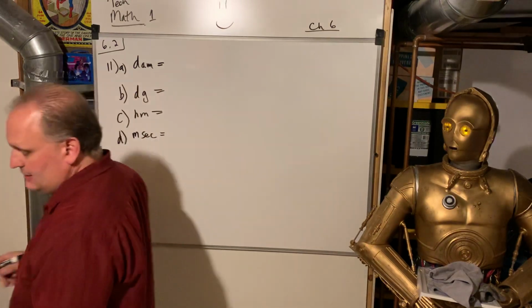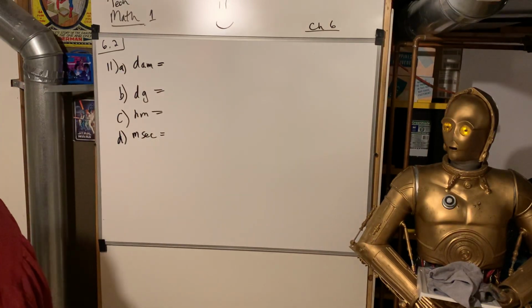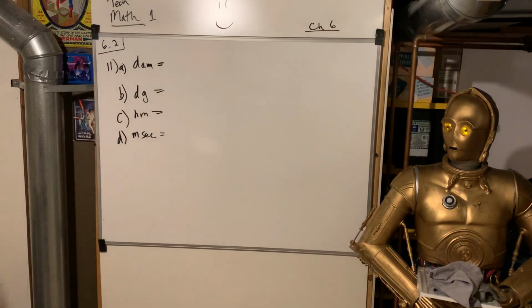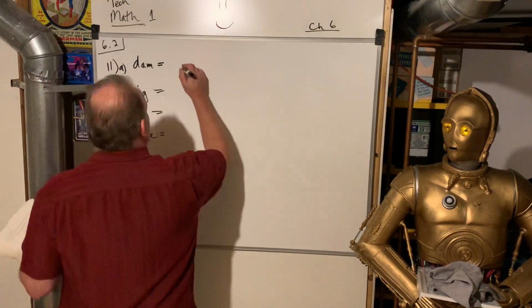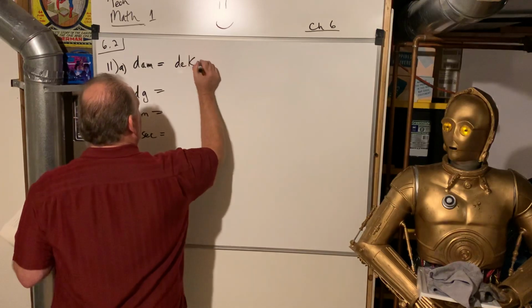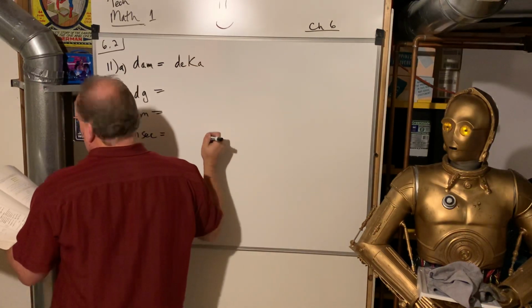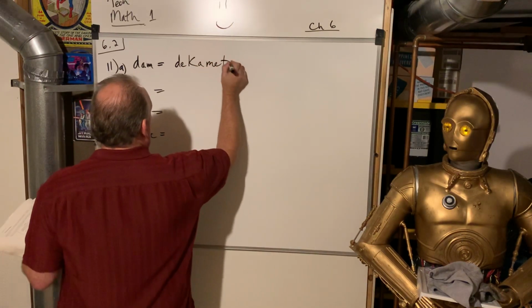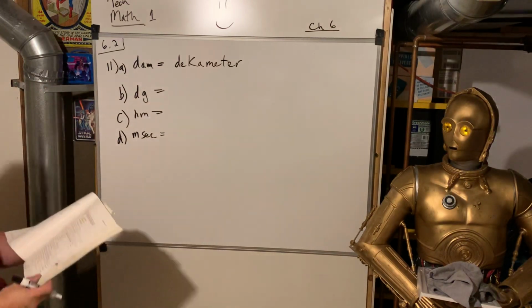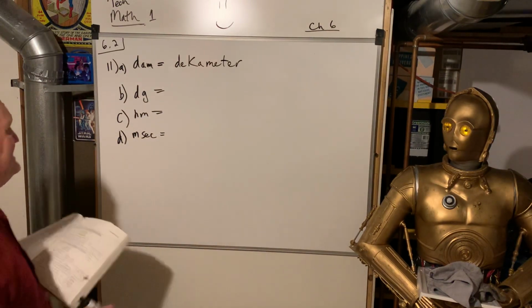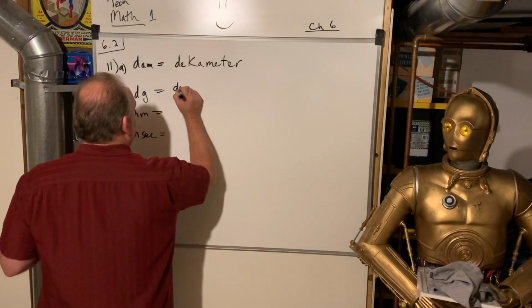So they want us to convert. What does DAM actually stand for? That would be a decameter. Deca with a K. Decameter. All right. What does DG stand for? That's a decigram. Deci.